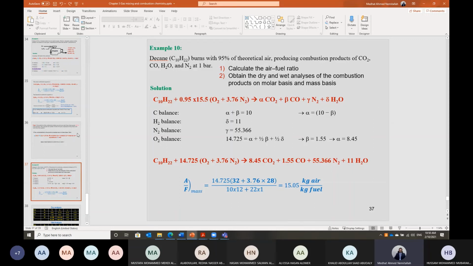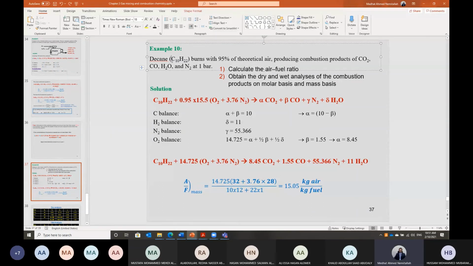Here is an example. I will end up with this example. As I told you, Shabab, we have taken a chapter on the fuel families. So here I'm writing the chemical structure of the fuel. I said we have decane fuel, but when I tell you we have a decane fuel, you have to realize that this is the alkanes family, which has the chemical structure CnH2n plus 2, and the dec, which is the prefix, indicates the number of carbon atoms is 10.